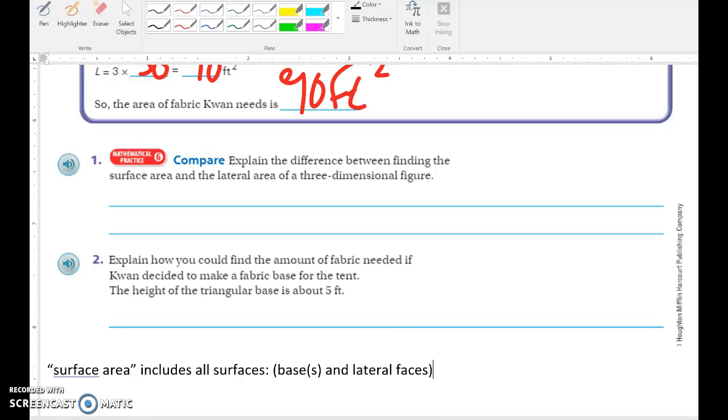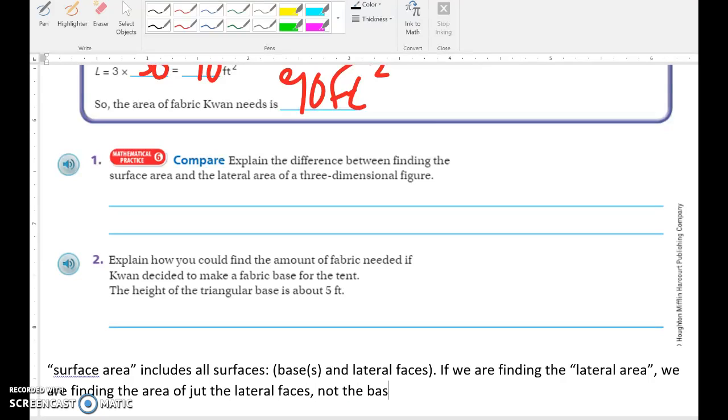Everything is either a lateral face or a base in the kinds of figures we're seeing, prisms and pyramids. In the case of a pyramid, there's only one base. If we are finding the lateral area, we're finding the area of just the lateral faces, not the base, or the bases if we're talking about a prism.